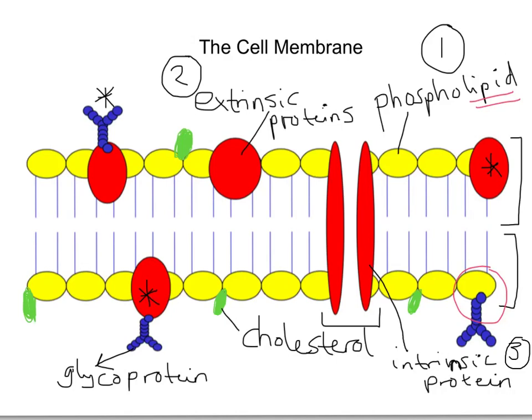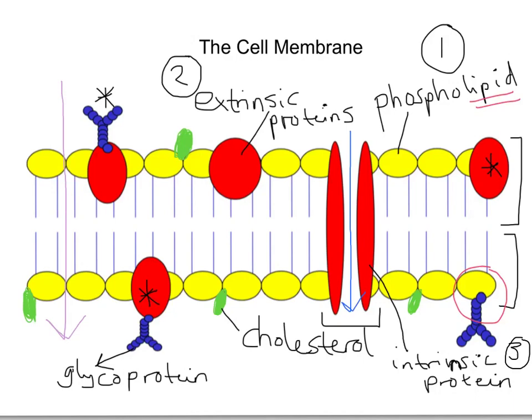If you have a lipid-soluble molecule, it could potentially just pass straight through this lipid bilayer, as I've shown by this purpley pink arrow. But if it isn't lipid-soluble, then it would, in effect, have to take a different route, and it would probably make use of this intrinsic protein to come through. So intrinsic proteins act as carriers to transport water-soluble material.